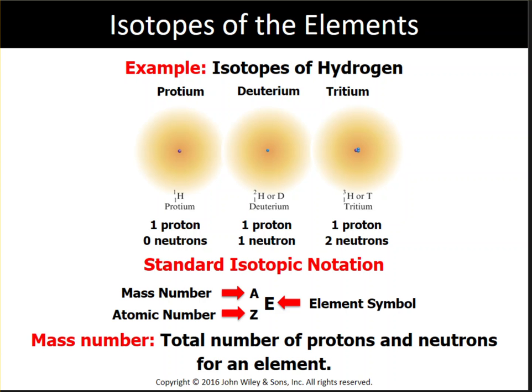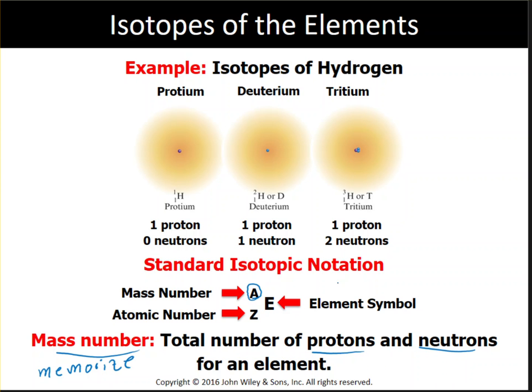So in isotopic notation, A here represents the mass number. The mass number for each isotope goes on the top left corner or right corner of the symbol. And the mass number represents the number of protons plus neutrons. You gotta memorize how to find the mass number.